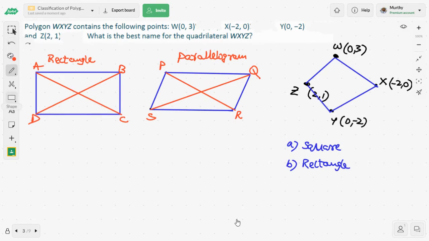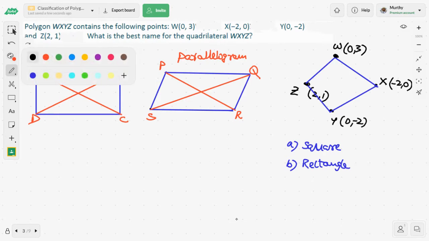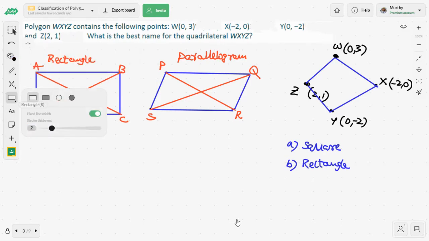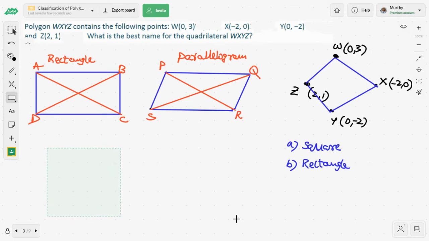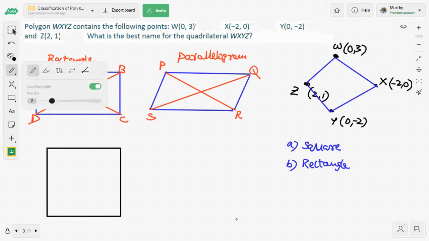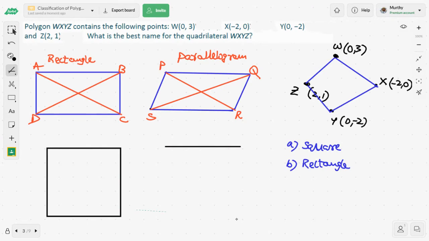In the same way, if you are taking a square and a rhombus, the basic difference is almost the same as the above one. If I'm taking a rhombus in which all the four sides are equal, and if I'm taking a square, the main difference is that the rhombus is slightly tilted.